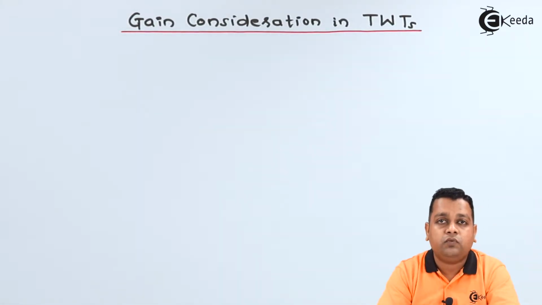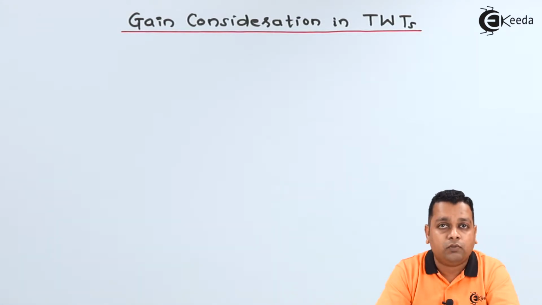In the previous video, we went through the wave propagation based on the helix and its interaction with the electron beam, which is in the axial direction of the helix, giving the amplification process.